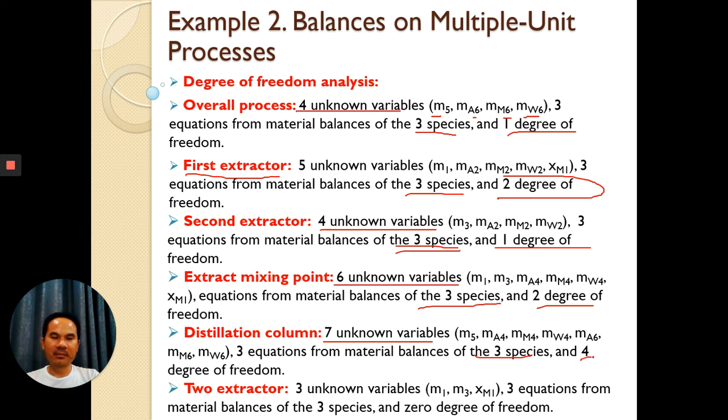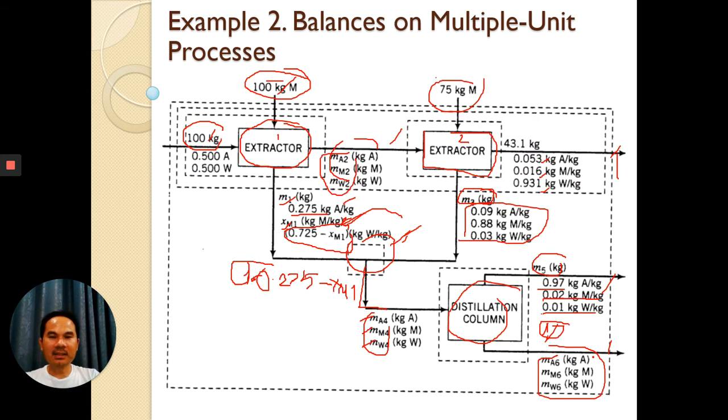You cannot solve it. This case is difficult and not the same as the previous example. In the previous example, you could solve the overall balance and then each step by step. For this case, we checked all of these: overall cannot, extractor 1 cannot, extractor 2 cannot, mixing cannot, distillation cannot.